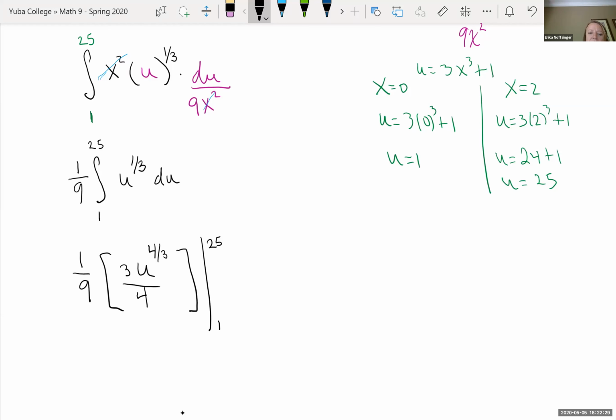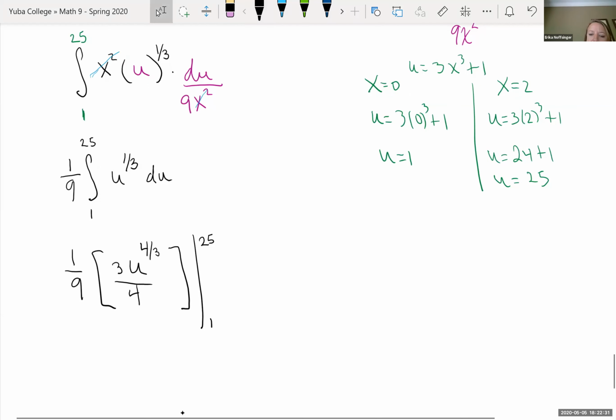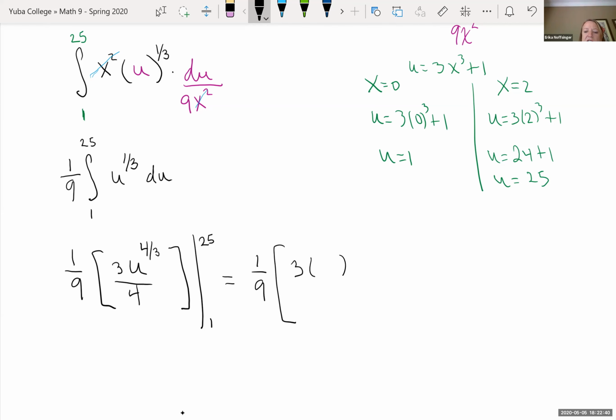So we can technically leave that 1/9 out front and plug in our bounds. So we have 3 u, where u is 25, raised to the 4/3.